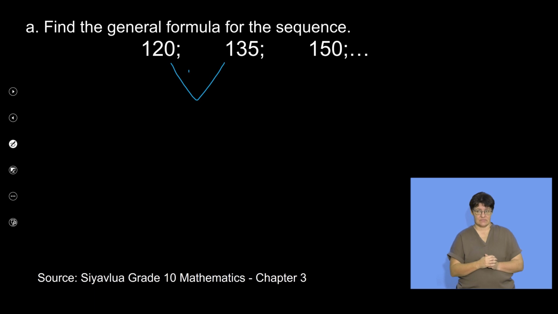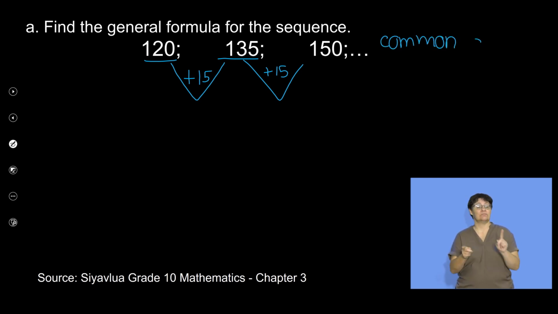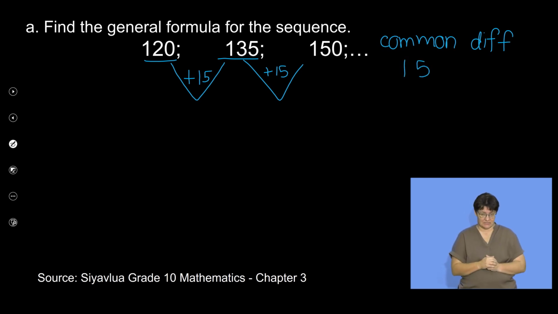We can see that we added 15 each time to these numbers. So from 120 to 135, 15 was added. From 135 to 150, 15 was added. So my common difference is 15.